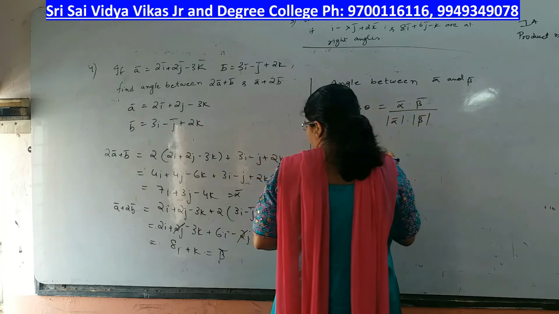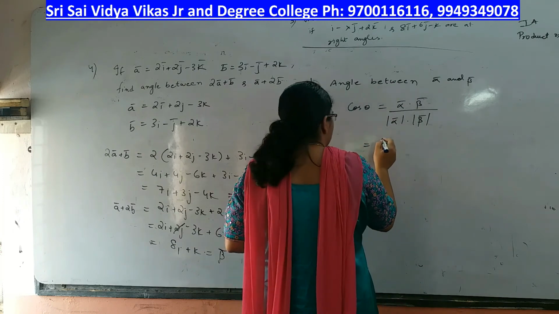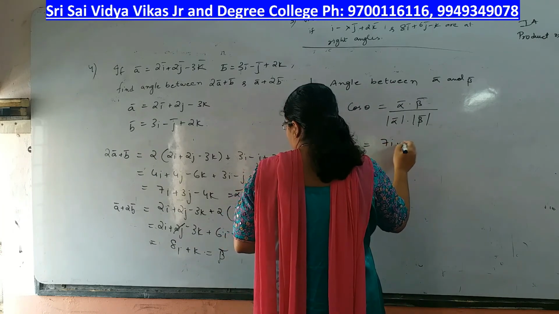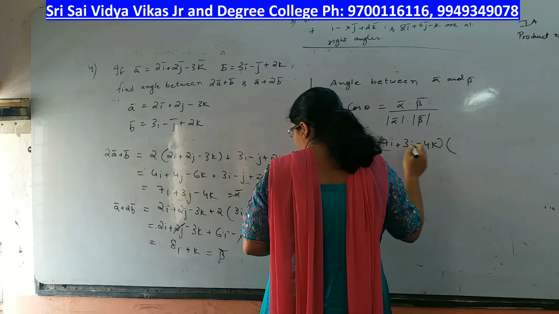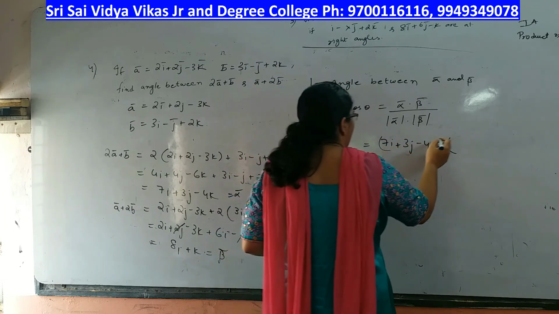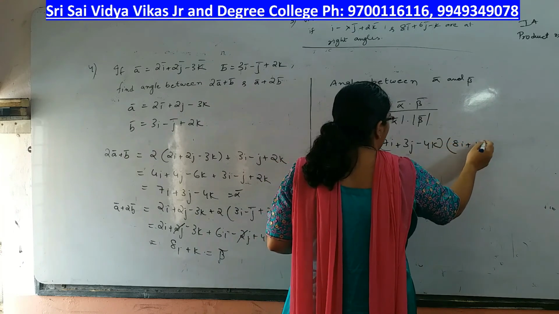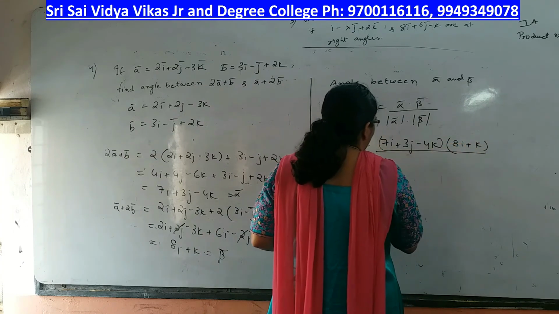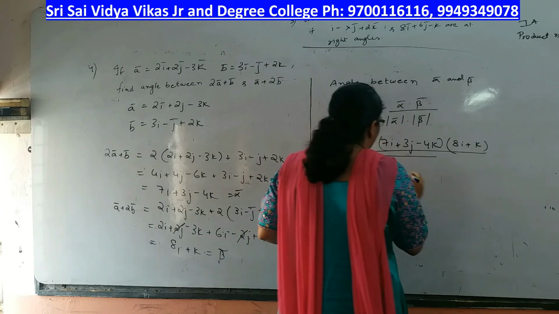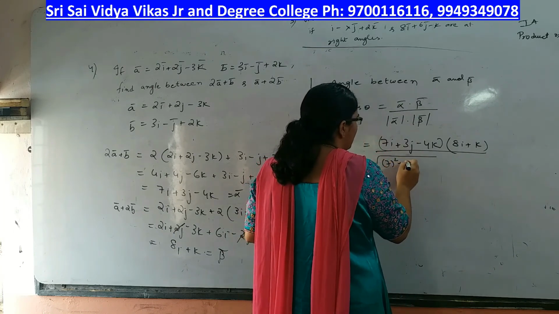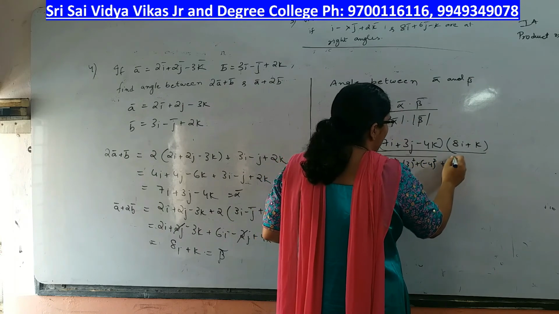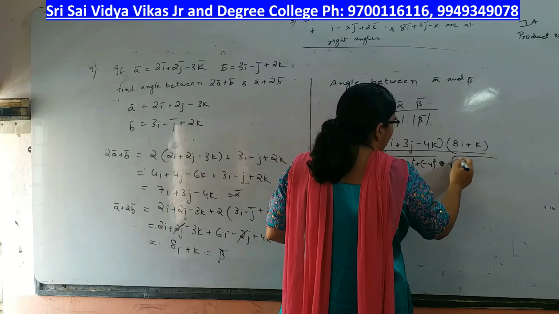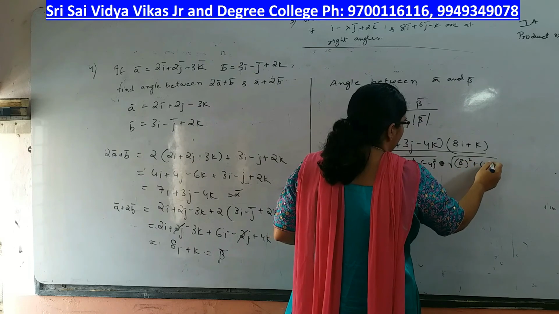This is nothing but 7i plus 3j minus 4k into 8i plus k by under root of 7 square plus 3 square plus minus 4 square, into root of 8 square plus 1 square.